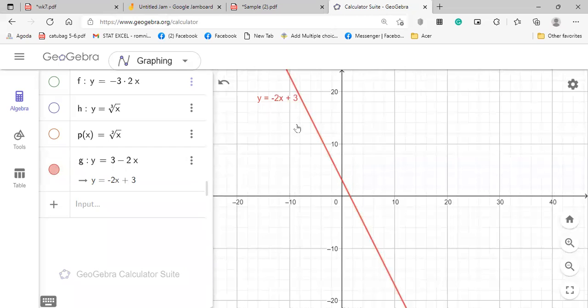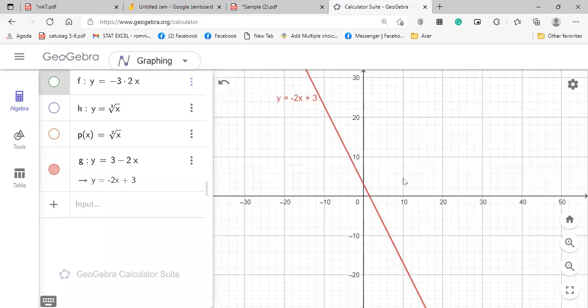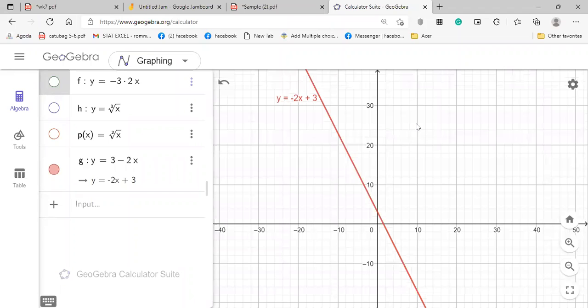Okay, tingnan nyo itong graph on the left of 0. At tingnan nyo kung saan siya papunta. Binabawasan natin ang values ng x, decreasing the values of x. Napunta siya sa quadrant 2. Ang ibig sabihin ng quadrant 2, we have negative x at positive y.